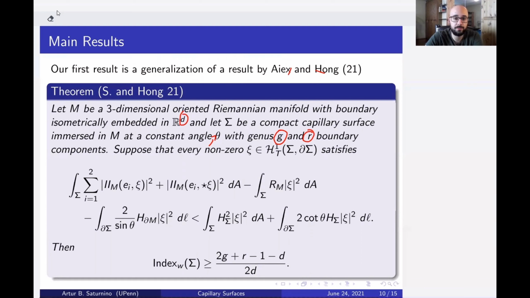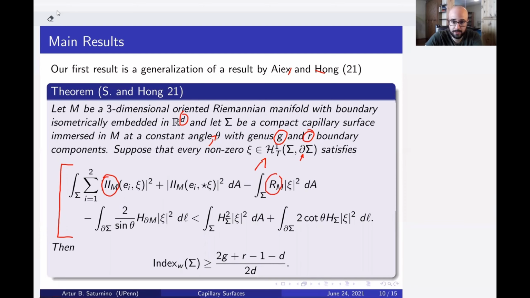And here we're going to suppose that for every non-zero harmonic vector field of sigma that is tangent to the boundary of sigma, this big inequality here is satisfied. Here in this inequality, this term is the second fundamental form of M in RD.